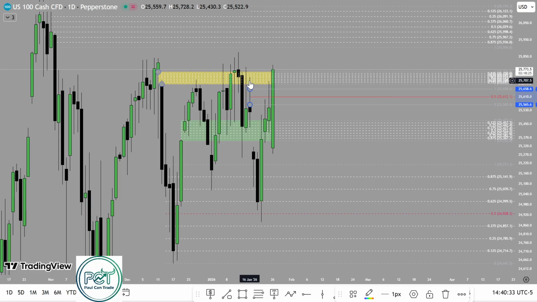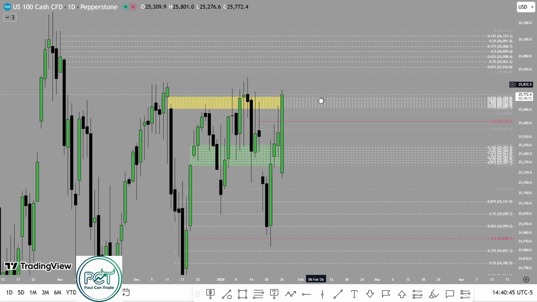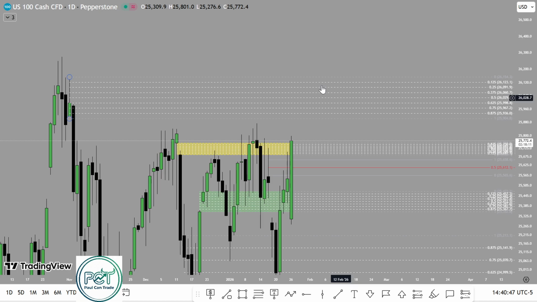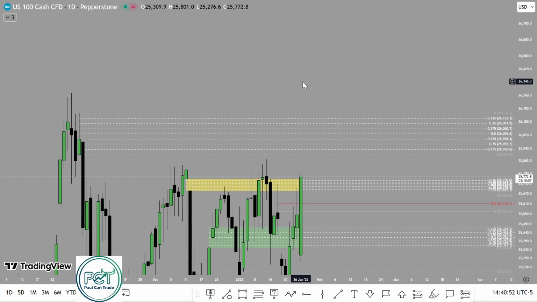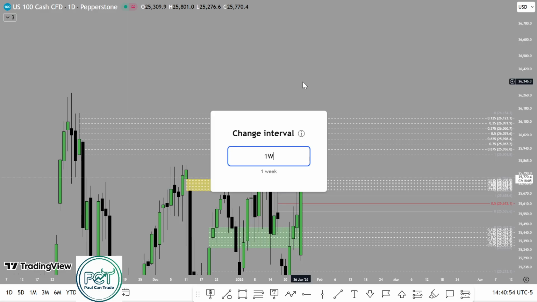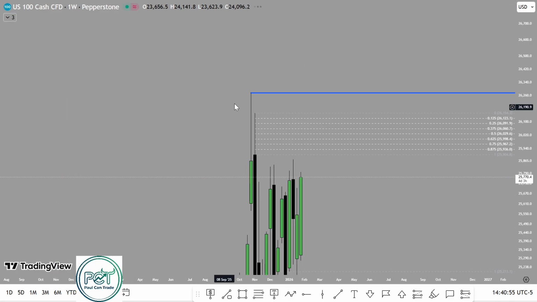This week, I wanted to see, my interest was on the consequent encroachment. And again, when we drop to a lower time frame, I'll show you how this was used. You can see the levels where we are having an interest in, and I've noticed my level here on the weekly chart.